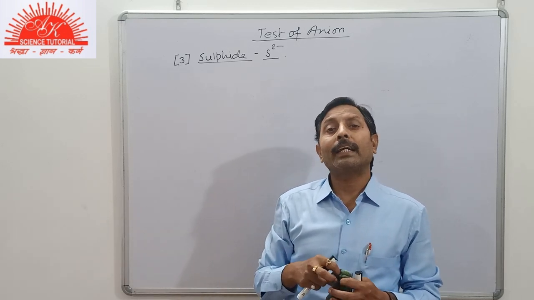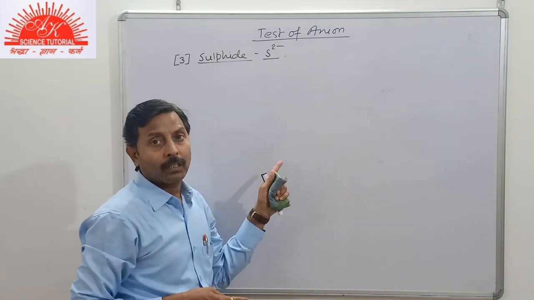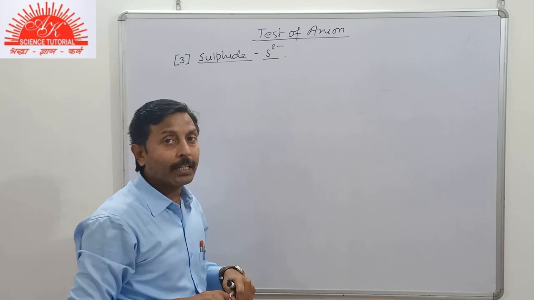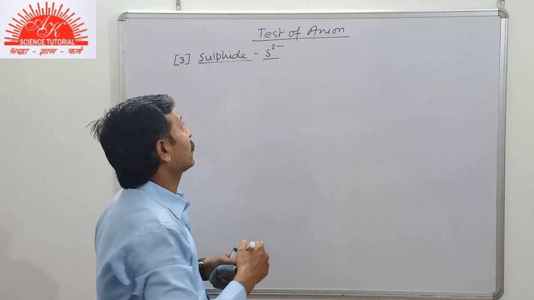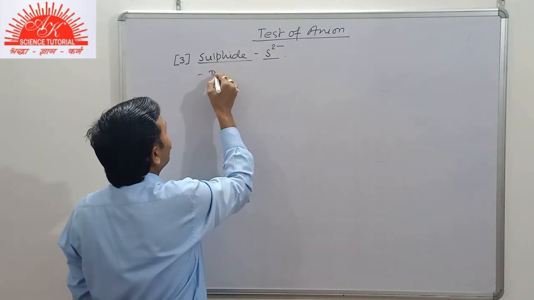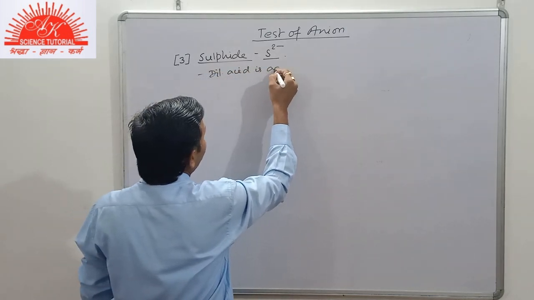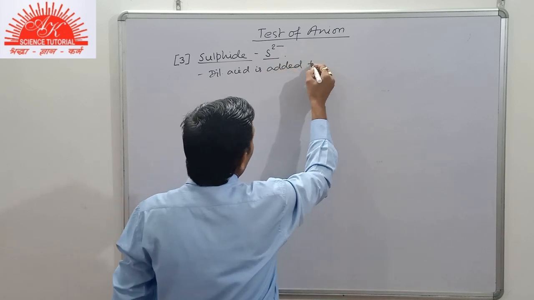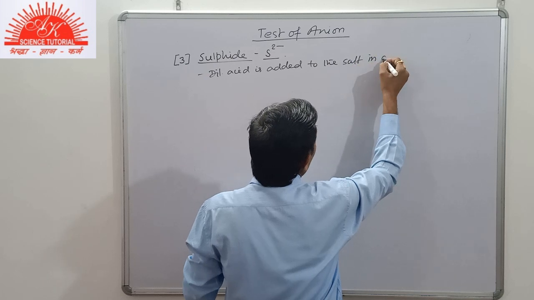In the chapter acid you have also studied all these things, observations, identifications, but as a separate unit we are studying the practicals. Sulfide, again dilute acid is added to the salt in a test tube.